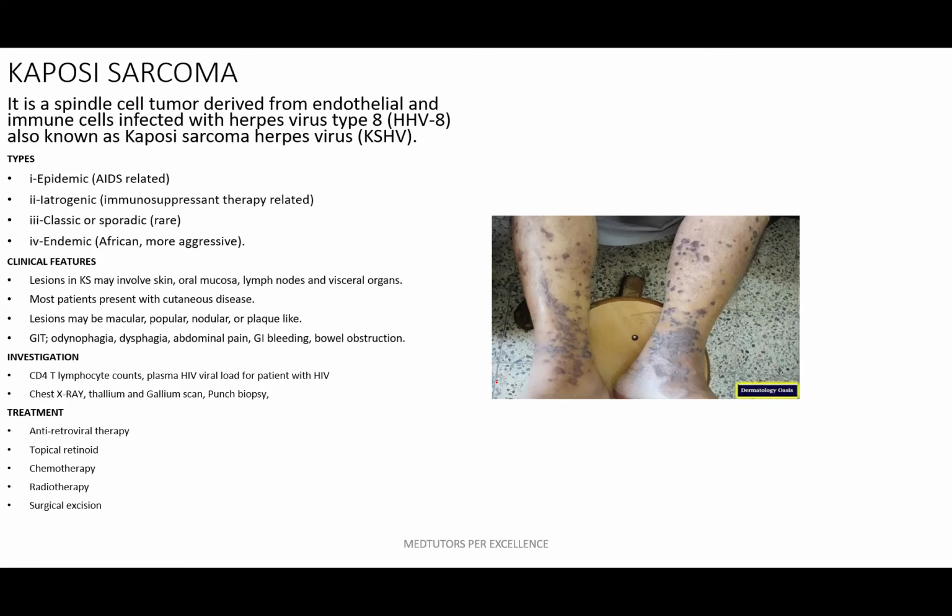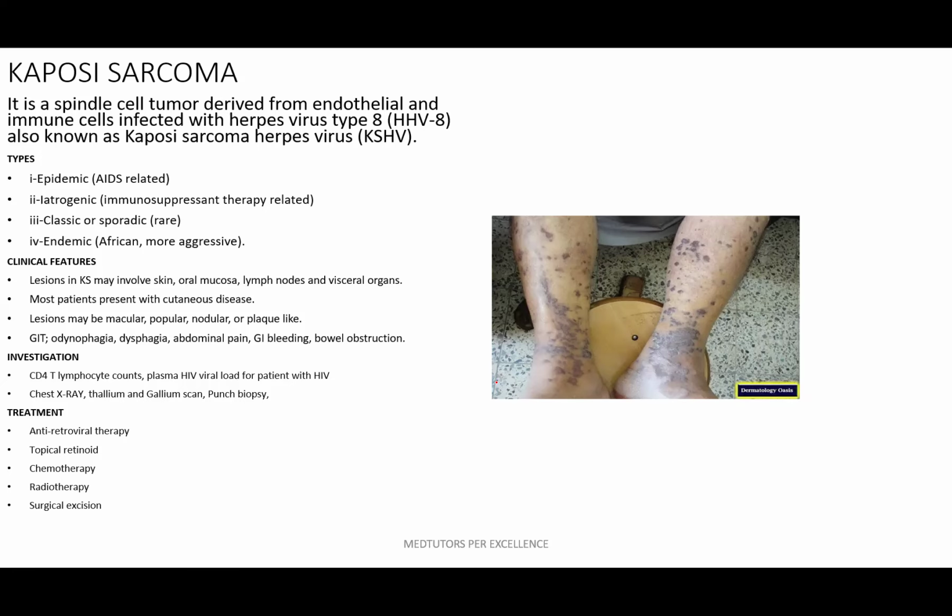You know, there's a difference between HIV, which is just the virus infection, and AIDS. When somebody has AIDS, he has gone to the terminal stage of the disease. And when you start seeing things like Kaposi sarcoma, that means the patient has developed AIDS. So it's one of the diseases related to this virus.